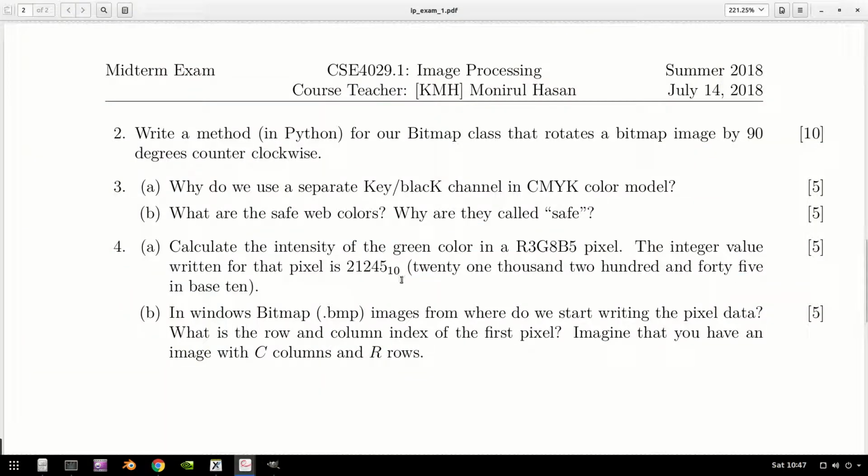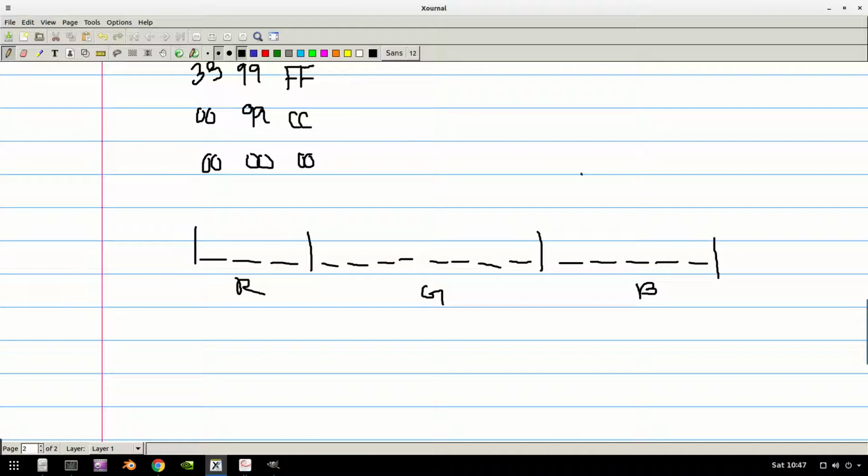So what we have now is 2, 1, 2, 4, 5. What do we do with it? We convert that into hexadecimal, or you convert that into binary, and then you take it from there.